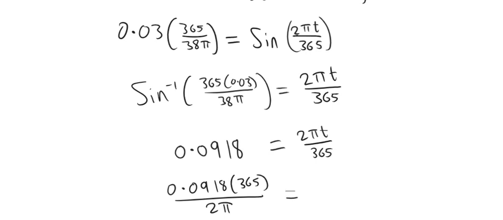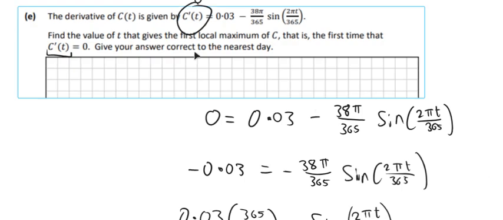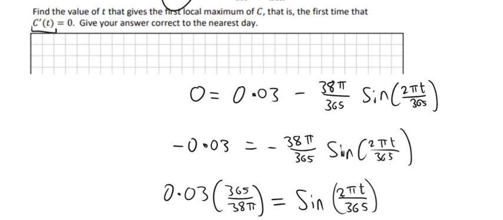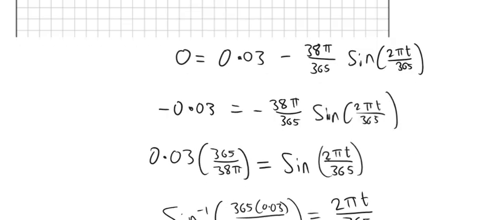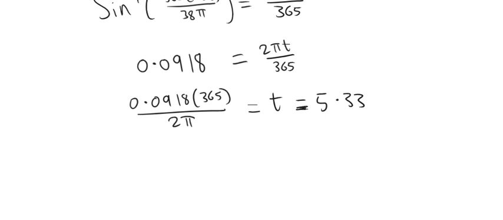That will give us t in the end, and that's 5.33. So it's in days. Then if you look back, give your answer to the nearest day. So it's the 5th day, going into the 6th day. Well, it is during the 6th day. But to the nearest day would be 5 days.